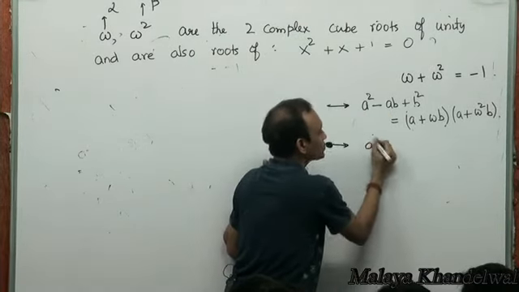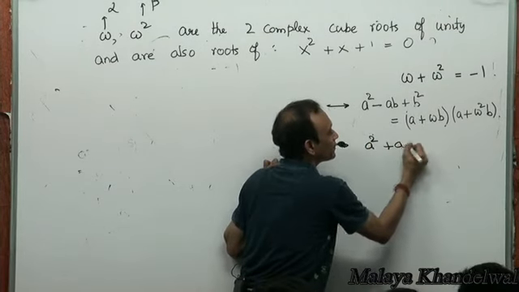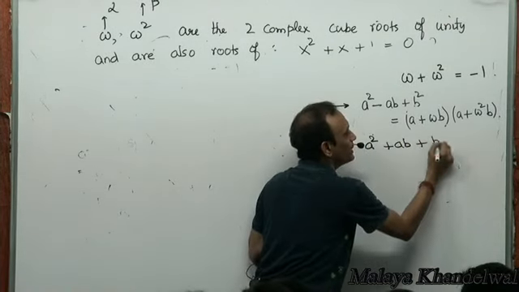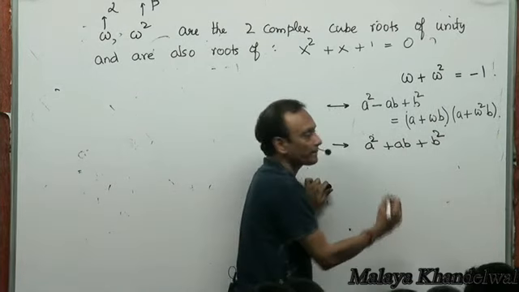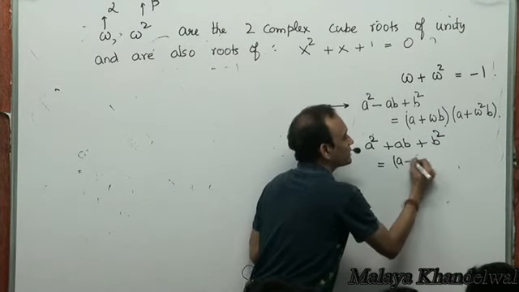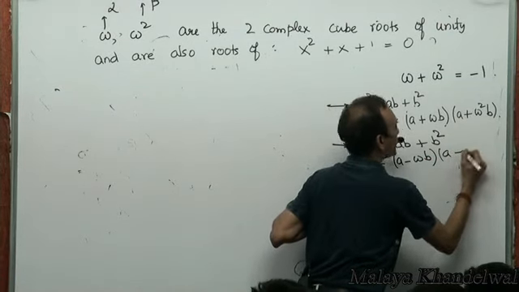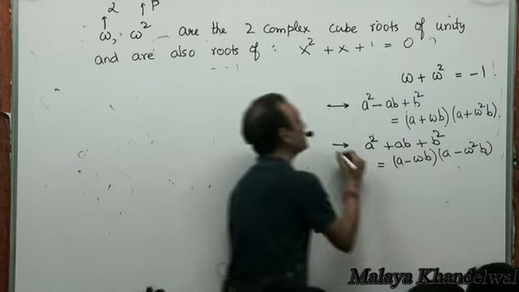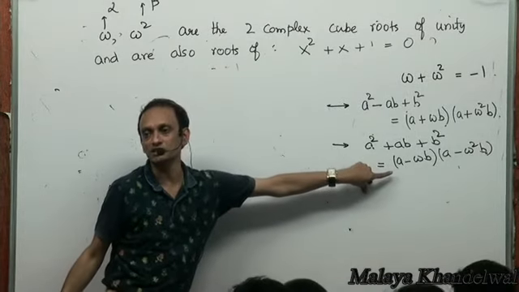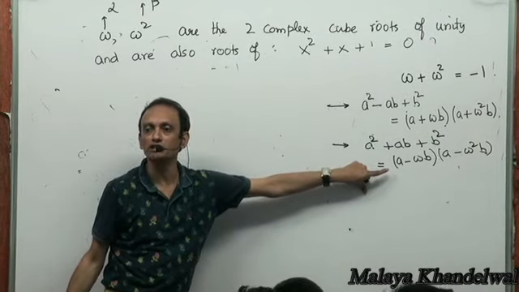Then I get a squared plus b squared, which must be a minus omega b into a minus omega square b. Replacing b by minus b, leading us to another standard result.